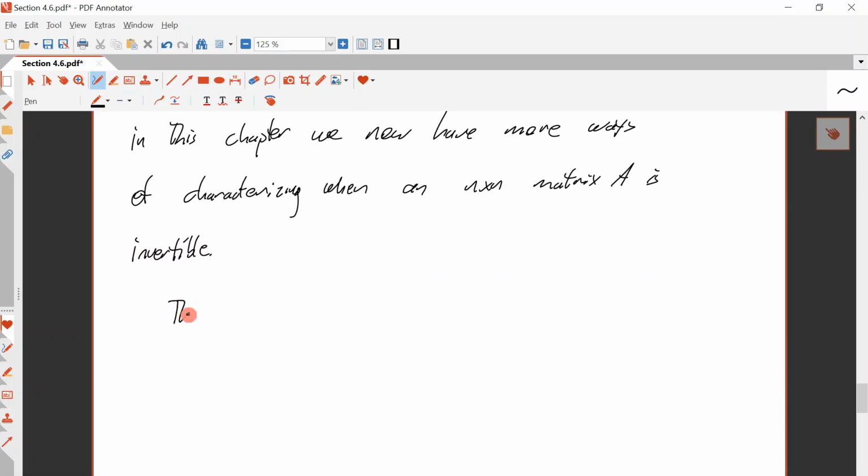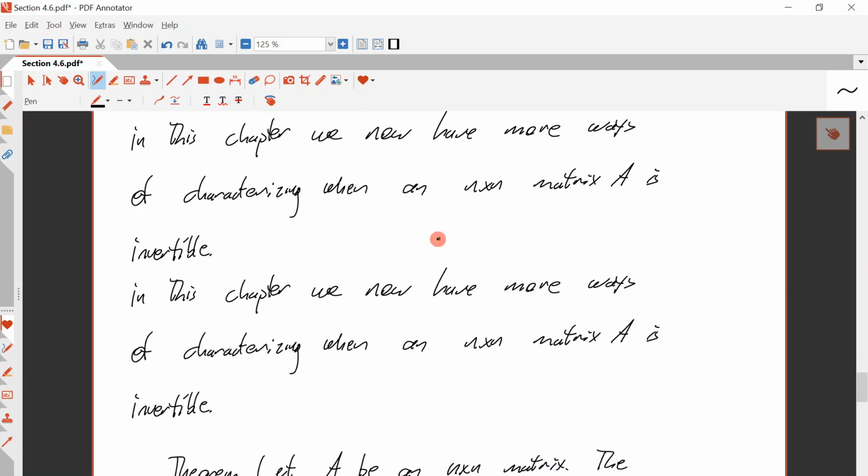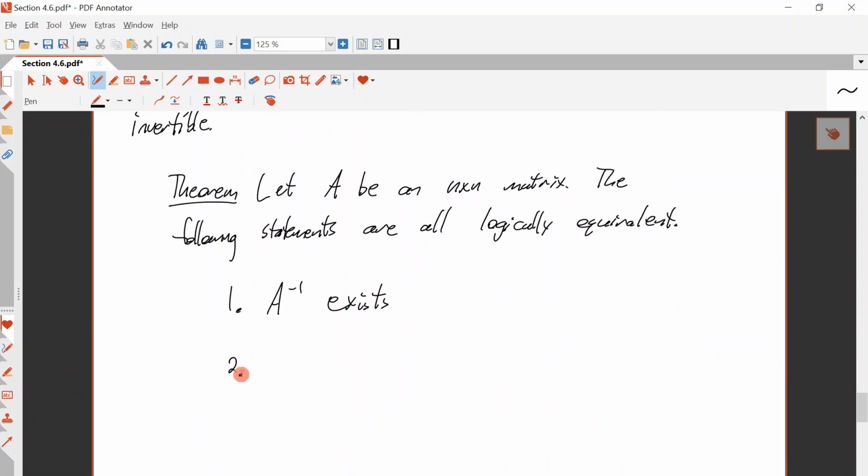We did this way back in chapter 1. So let A be an n by n matrix. The following statements are all logically equivalent. They're all true or they're all false. Number 1: A inverse exists.